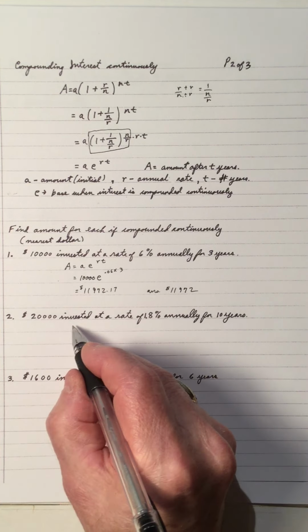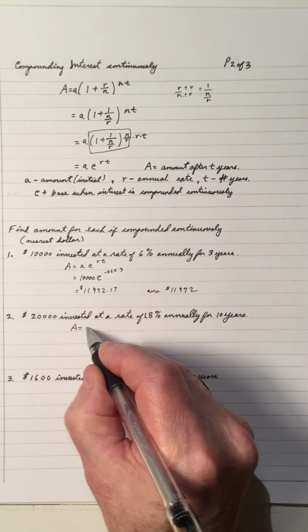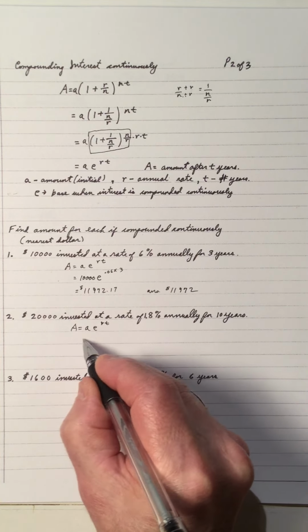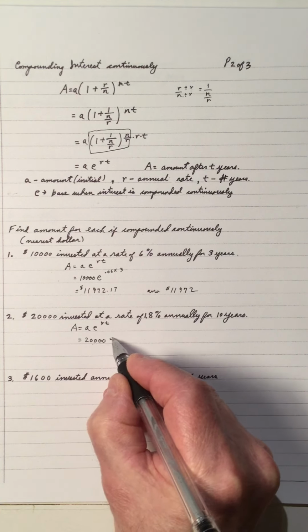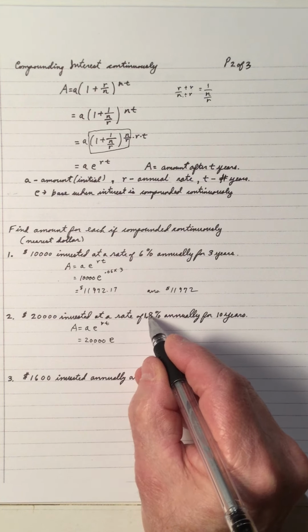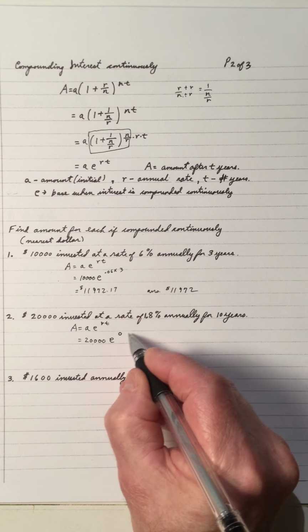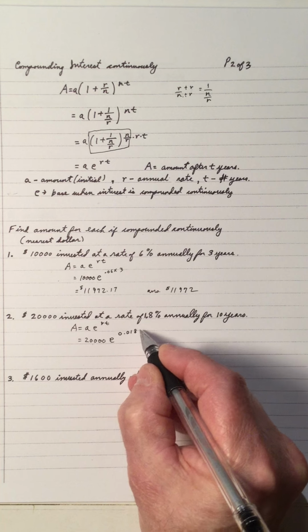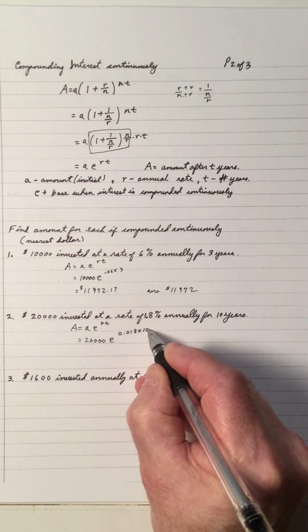Let's try another one. Don't forget to pause the video. So we have continuous compounding now, so it's A equals a e to the rt. So a is $20,000. The rate is 1.8%, so that rate changes to a decimal, 2 places to the left, 0.018, and we're multiplying it by 10 years.